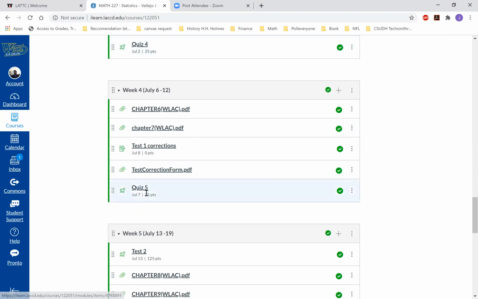If you go over here, week number 4, that's where you'll find quiz number 5. You'll have all the way from 7 a.m. to 7 p.m. to take that quiz, so make sure that you take it somewhere in between that time period.